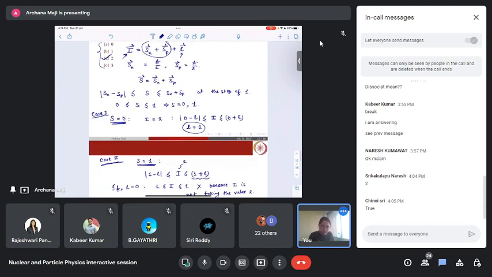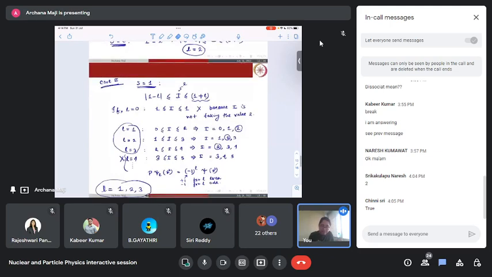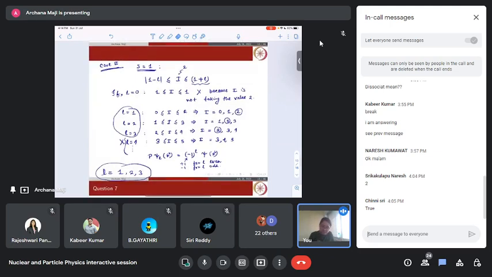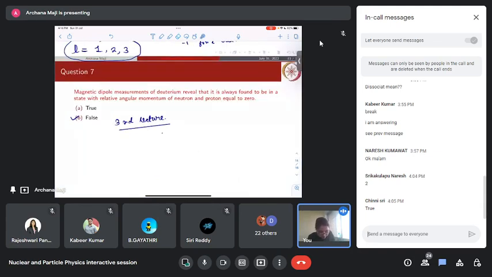So the same exercise you have to do, but for deuteron the bound state spin will be 1 instead of 2, and then you will get L to be 0 as well as 2, because that system also has even parity. So that's why this is false, because here it says the relative angular momentum of neutron and proton is equal to 0, but that is not the case. L can be 0, and that is 96% according to the experiments, and L equal to 2, 4%.